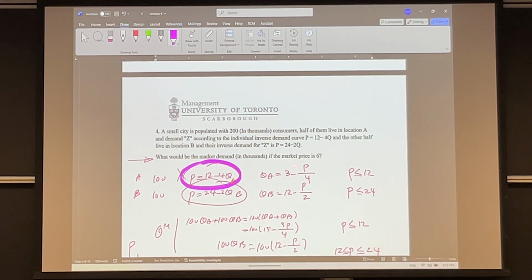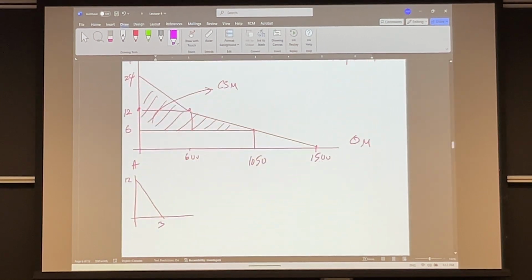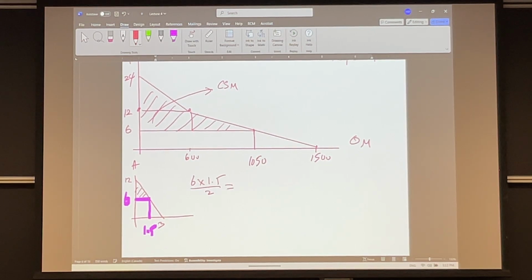Am I right? That's 3 minus 1.5. That is 6. That is 1.5. So the surplus each consumer gets is 6 multiplied by 1.5 divided by 2, which is 4.5.